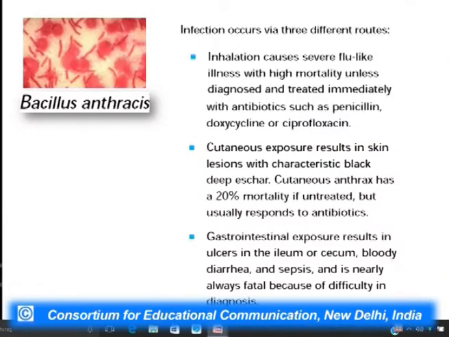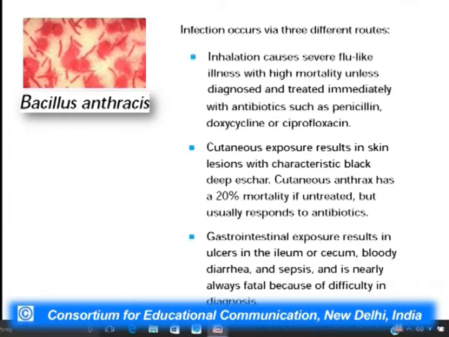Now, infection due to anthrax occurs by 3 different routes. First, inhalation causes a severe flu-like illness with a high mortality rate unless it is diagnosed and treated immediately with antibiotics like penicillin, doxycycline or ciprofloxacin. The cutaneous exposure results in skin lesions with a characteristic deep eschar.